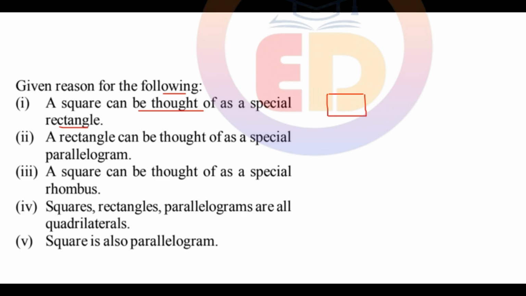Rectangle. First property: opposite sides are equal. Second, opposite sides are parallel.